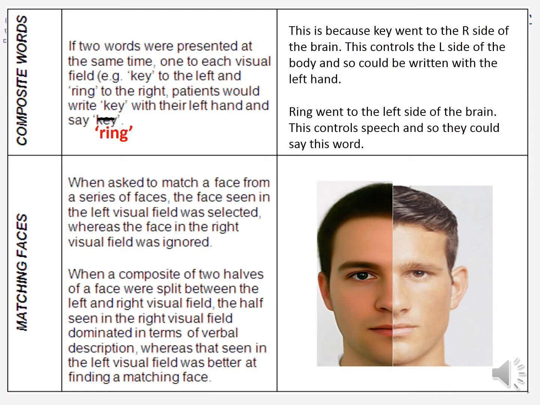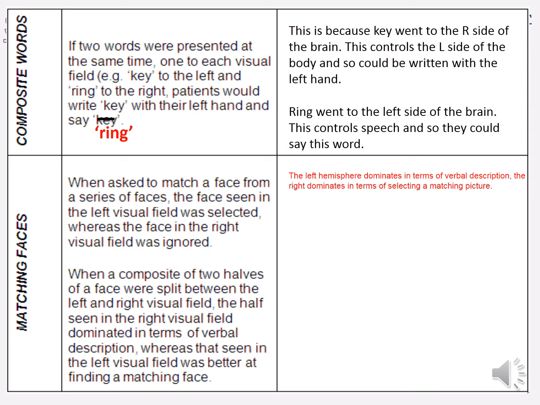However, that seen in the left visual field was better at finding the matching face. So one side's better in description and one side is better for matching up. So the left hemisphere dominates in terms of verbal description, the right hemisphere dominates in terms of selecting a matching picture.